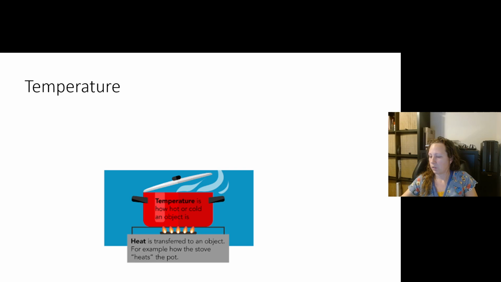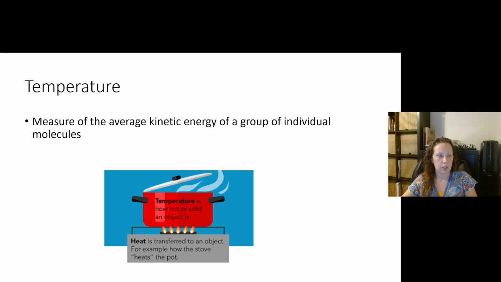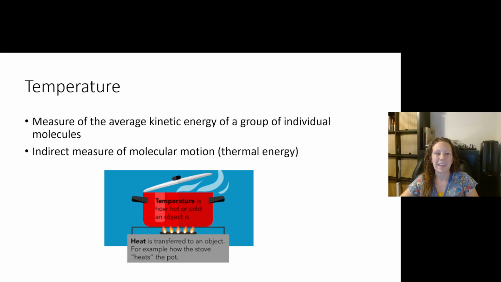So temperature is different than heat. Temperature is the measure of the average kinetic energy of a group of individual molecules. It is an indirect measure of thermal energy.